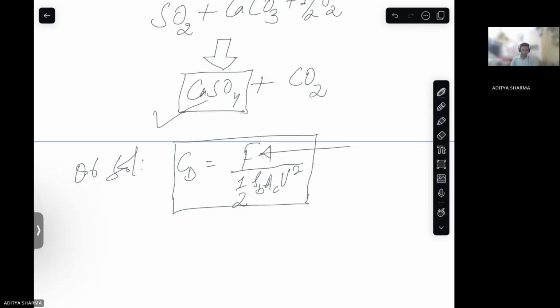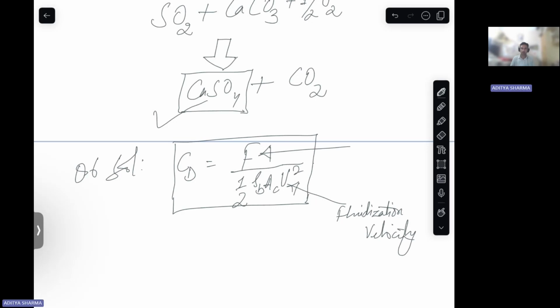Rho v is your bulk density. U is your fluidization velocity. Right, and AC is your area related to your frontal area, cross-sectional area related to your particle, which basically is the area of circle, right?